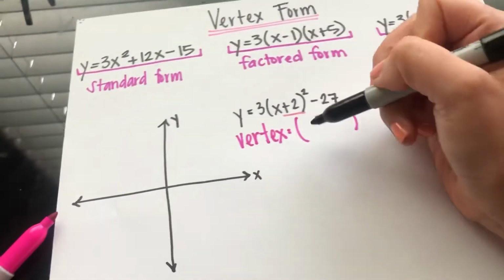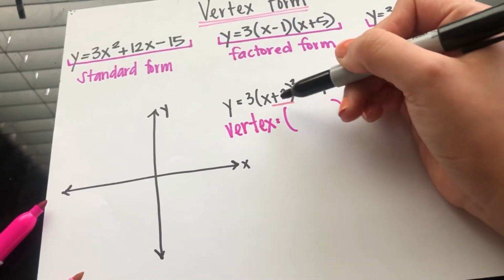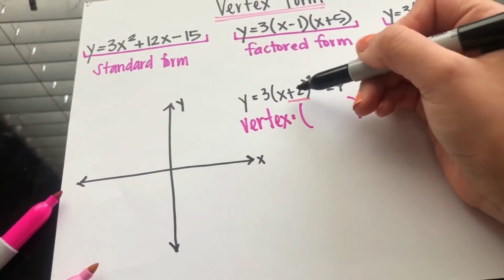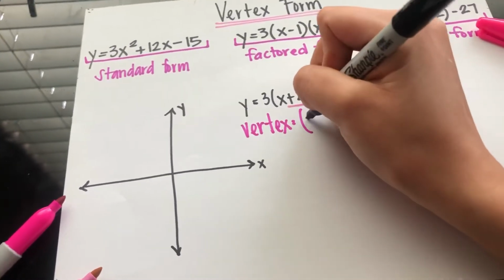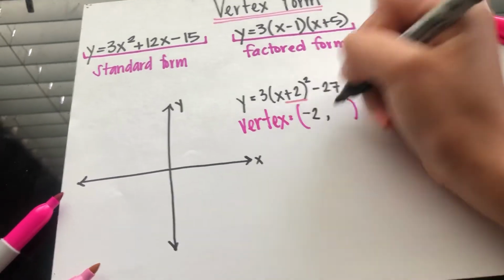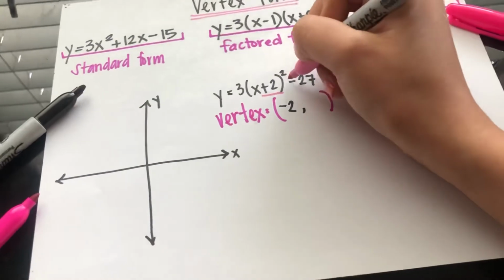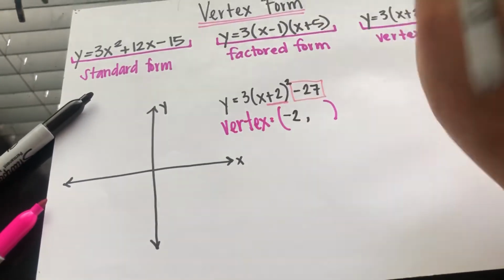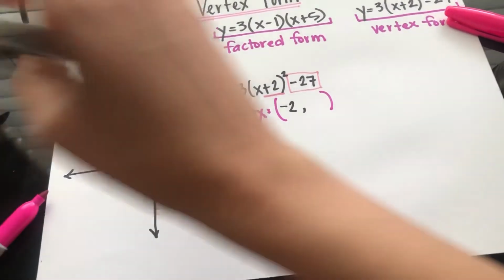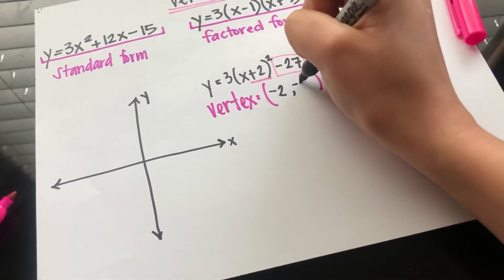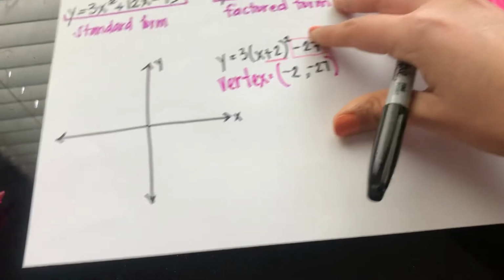So I'm gonna write in my x value the opposite of the plus 2. So the opposite of a plus 2 is a negative 2. And for my y value, it's gonna be this outside number over here, just like that. So I have a minus 27, so that means that my y value is negative 27.